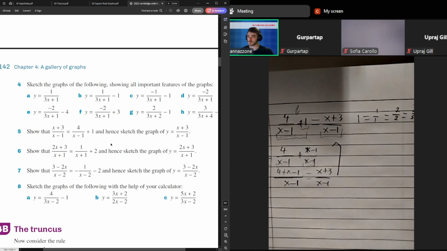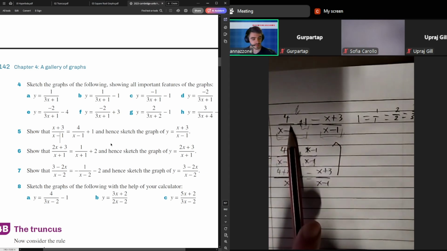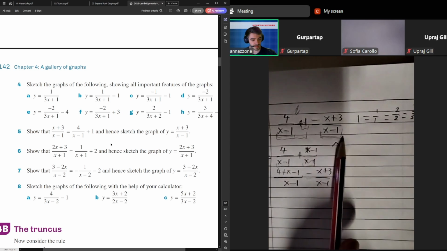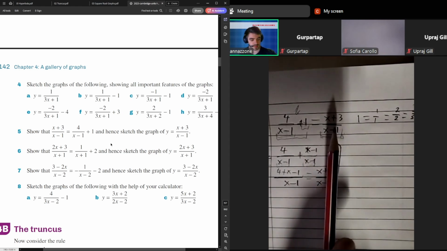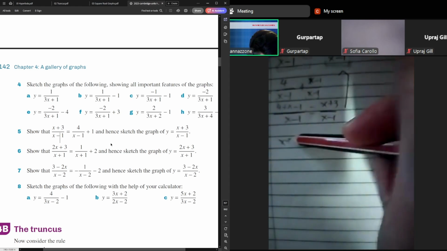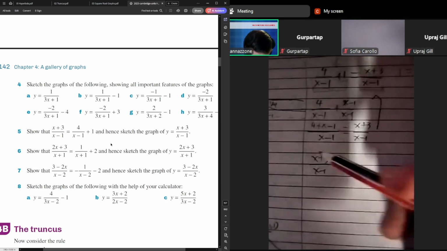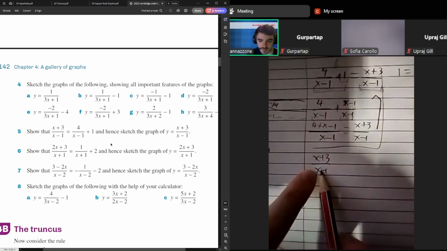Now, the reason why I say you need to know the other way, which is starting here and making it look like this, is because the context of the question is to say, sketch this. And if you were just told to sketch this, x plus 3 over x minus 1, in an exam, without any other context, I don't know what this is.